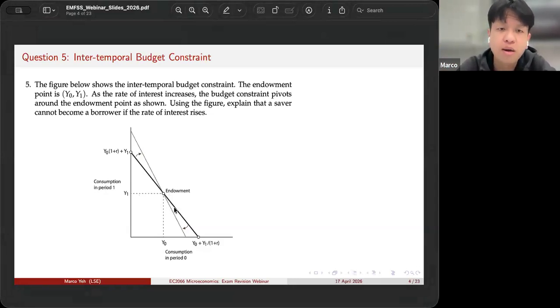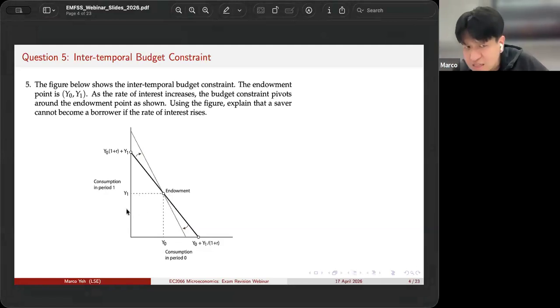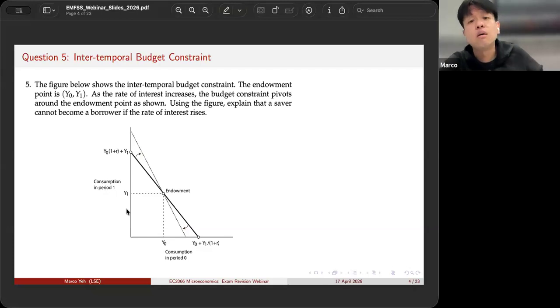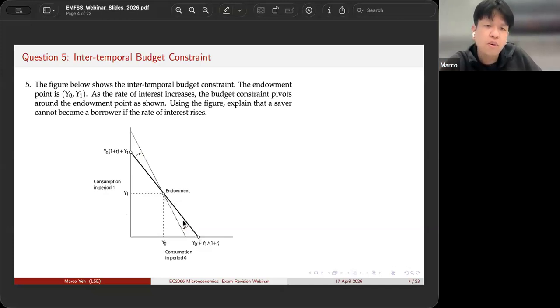That's why you will have a combination of something greater than the income level for today, but something less than your income level for tomorrow. So if I'm thinking about borrowing money from tomorrow to eat more today, then I'm thinking about a bundle on the budget constraint line, but to the right-hand side of the endowment. If that's the case, I'm a borrower.